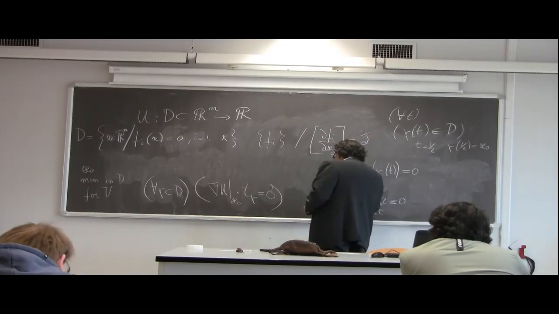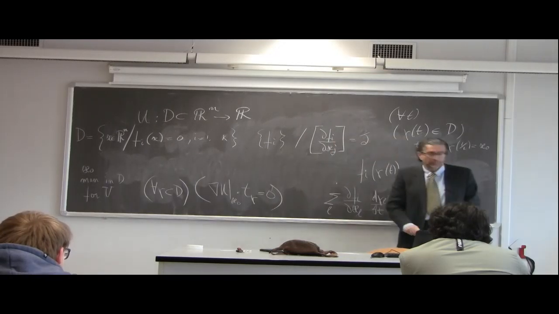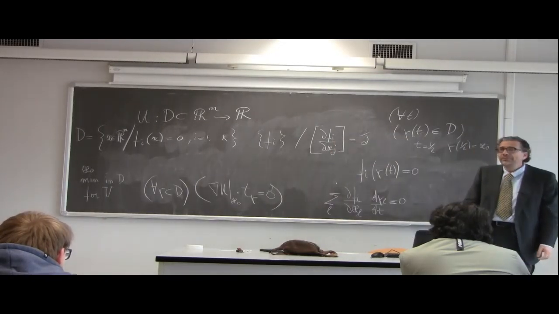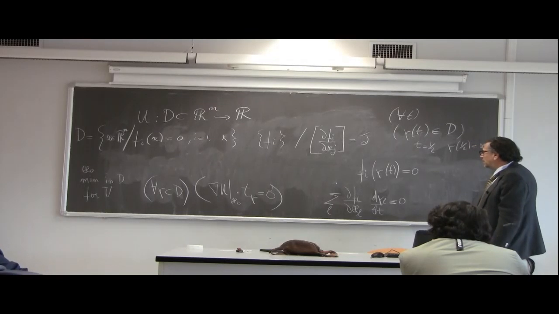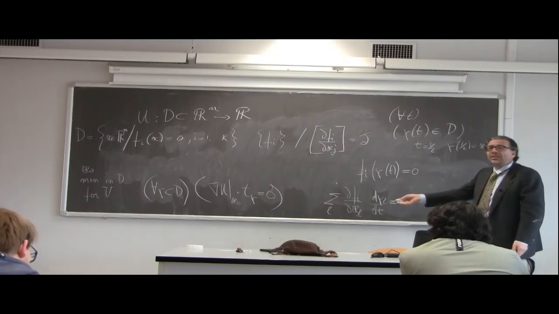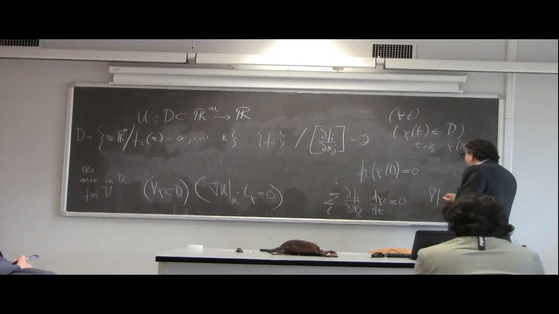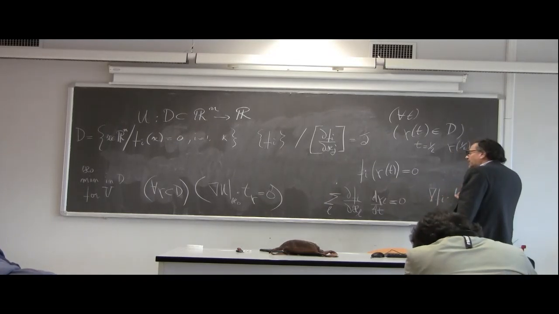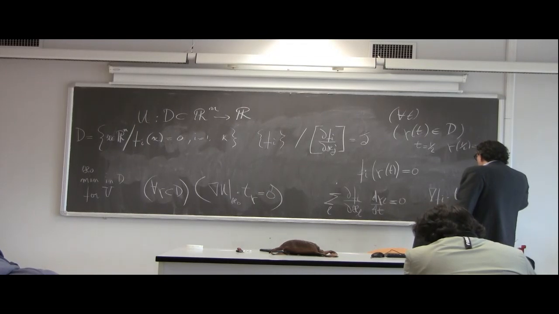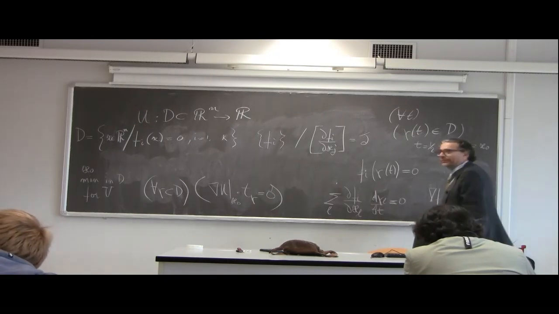What does it mean? Grad phi i, inner product T gamma, is equal to 0.